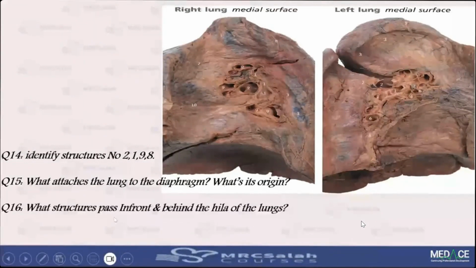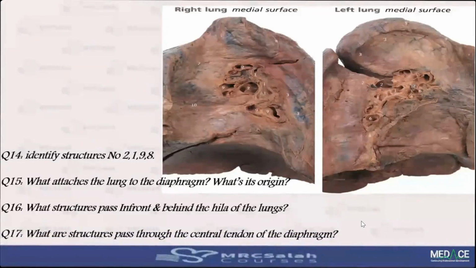What structures pass in front of and behind the hilum of the lung? In front of the hilum would be the phrenic nerves. Posterior to the hilum would be the sympathetic chain and also the vagus. And the esophagus, definitely. What structures pass through the central tendon of the diaphragm? It would be the same as the inferior vena cava, the right phrenic nerve.